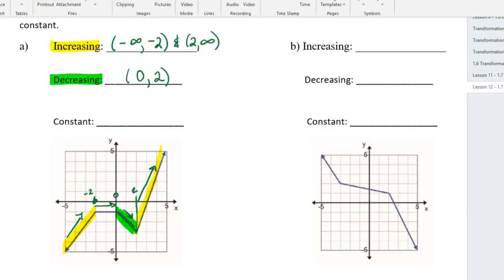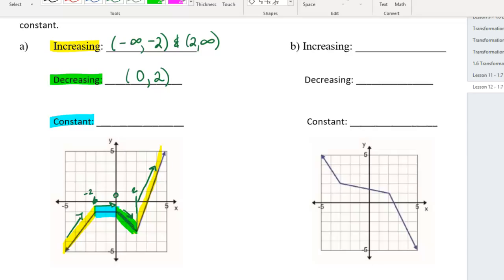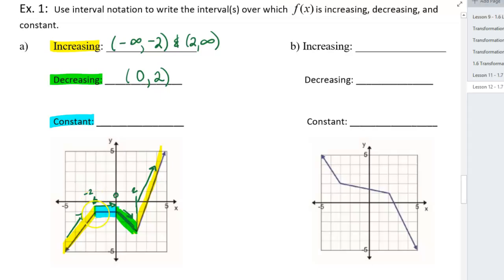And then it is constant on this section of the graph there. And so it is constant from -2 to 0. So remember, you're describing for what values of x is y going up, remaining the same, or going down. So you always use your x values here.